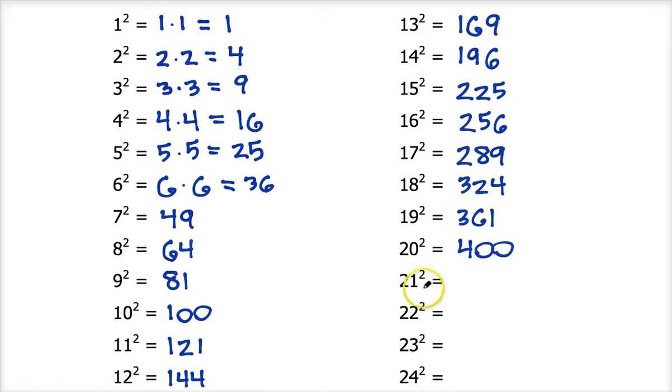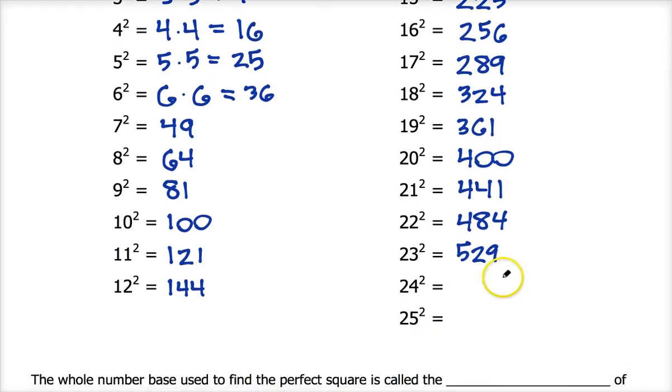And then a few more we're going to look at. 21 squared is 441. 22 squared is 484. 23 squared is 529. 24 squared is 576. And 25 squared is 625.